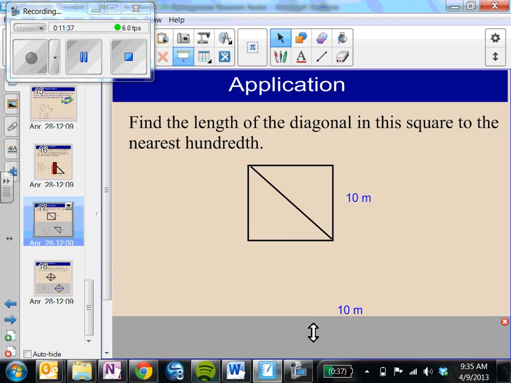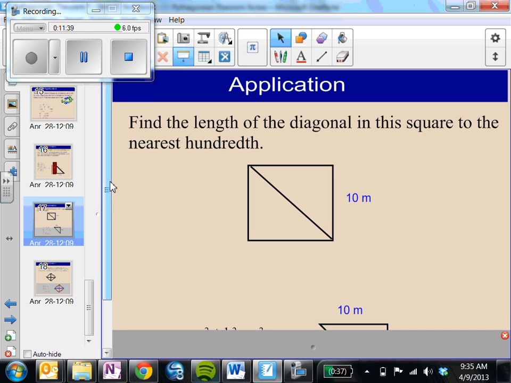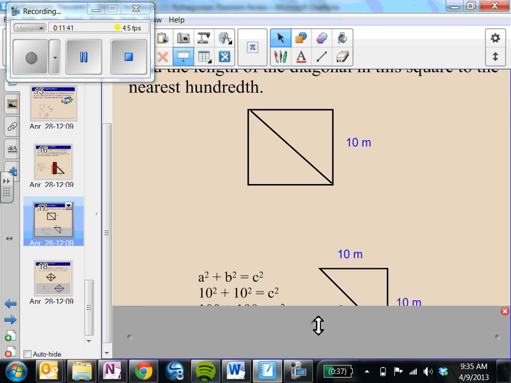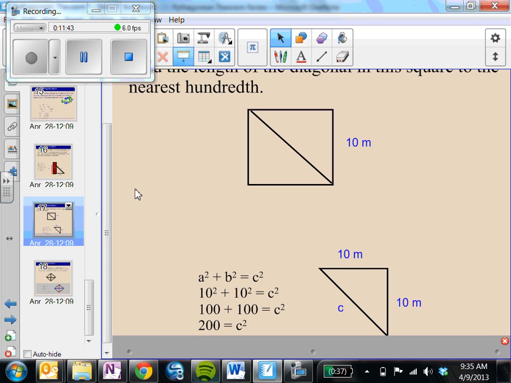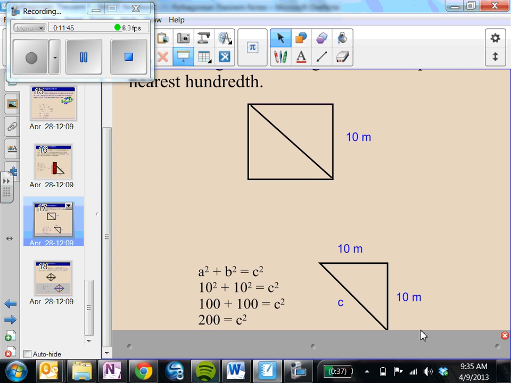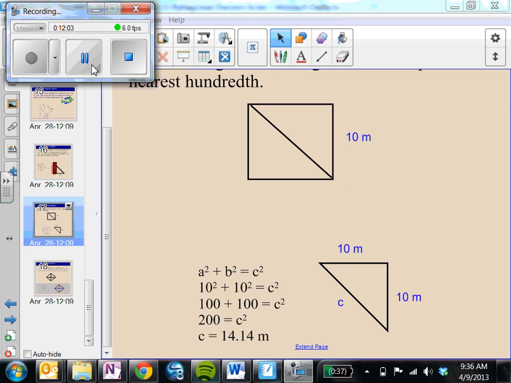So we know that we have a triangle where two sides, two legs are 10, and the hypotenuse, which happens to be the diagonal, is what we're solving for. So we're going to put in 10 and 10 in the place of the legs and just solve from there. And we end up with c squared equals 200, and the square root of that is 14.14 meters. So the length of our hypotenuse, which is the diagonal of the square, is 14.14 meters.